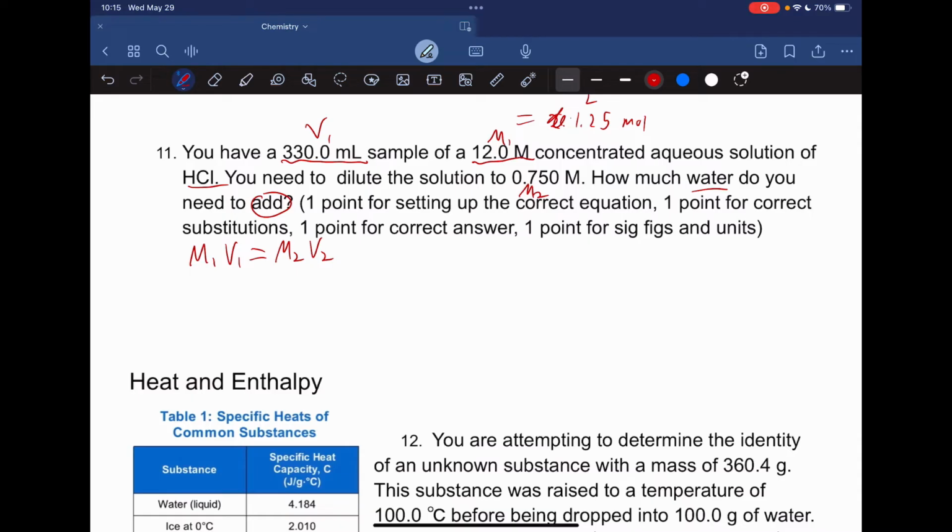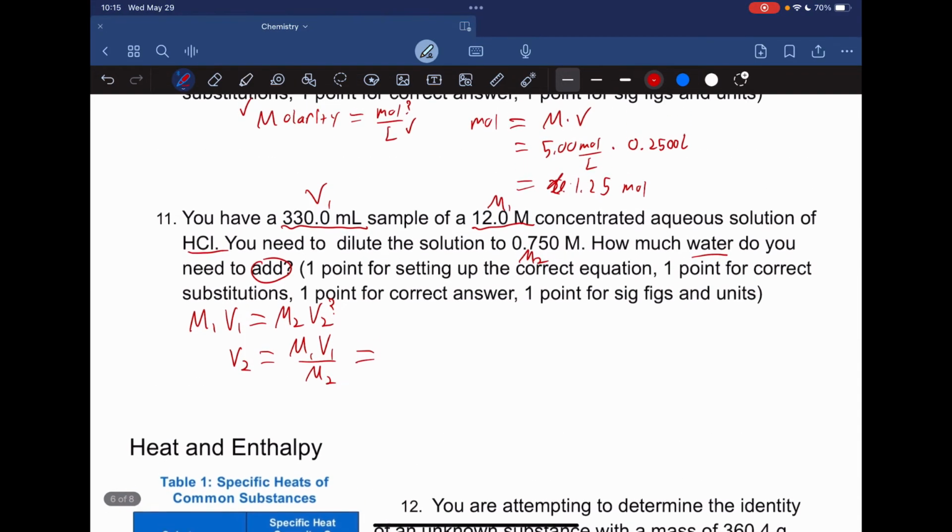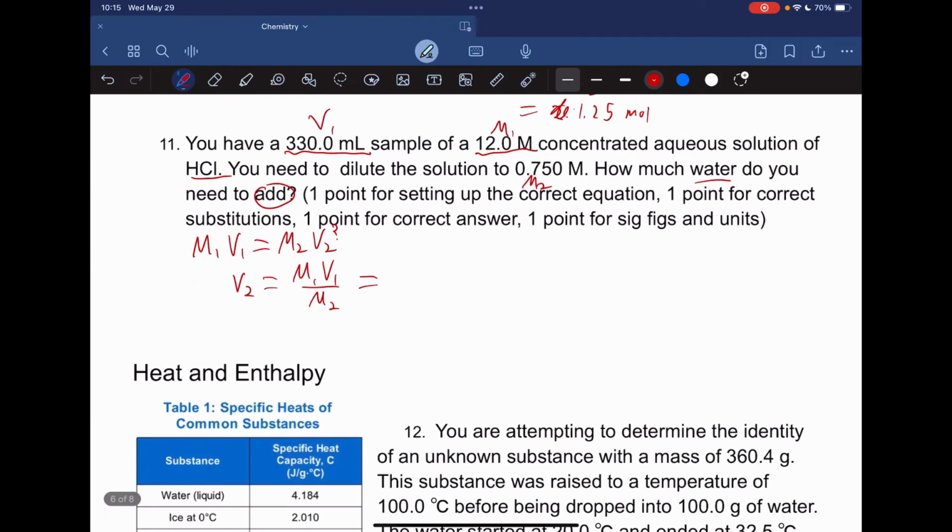So first off, we're solving for what V2 is as the first step. So let's just solve this equation for V2. We get V2 is equal to M1V1 over M2. And we can plug in our values there. So M1 would be 12 molar, so 12 moles per liter, and then we're multiplying that by the volume.